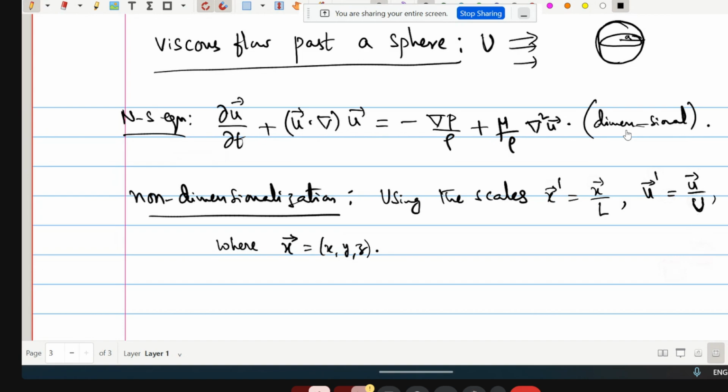And then time: T dash equals T divided by some fixed characteristic time. Where L, U, T are the characteristic length, velocity and time respectively.